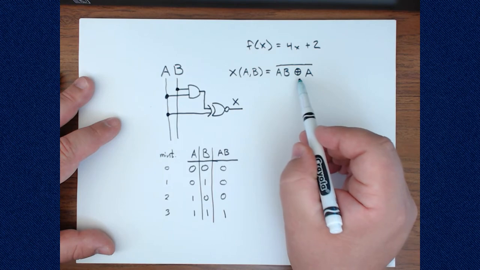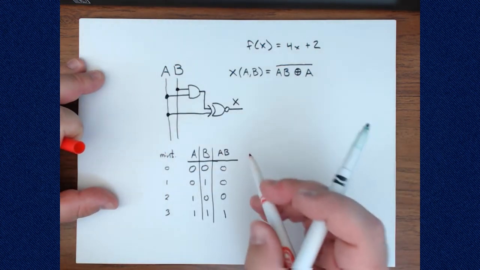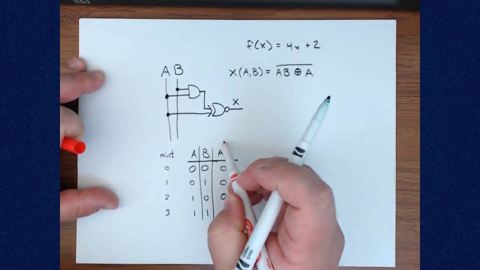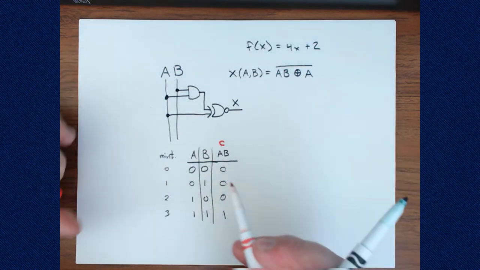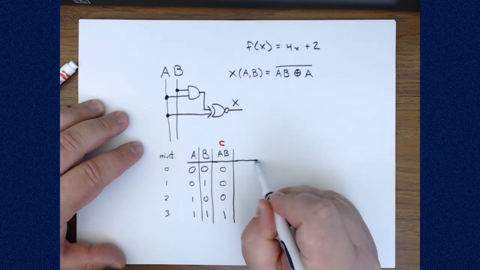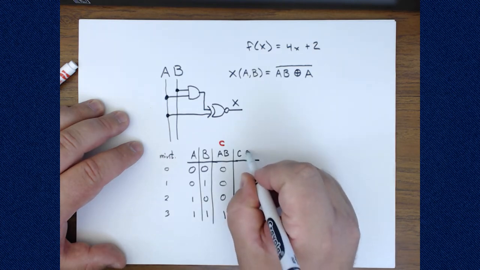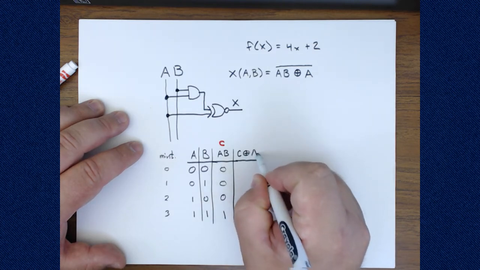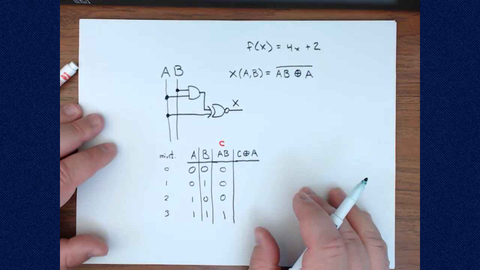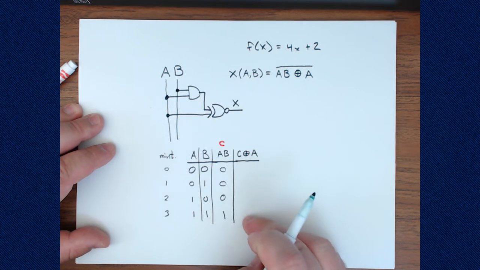Now we need to exclusive OR that with A. And so I like to make notations for this. So I've already used up A and B, and I've used up X. So I'm just going to call this subcircuit C. Then, when I make the next partial, I can write a smaller expression here, C exclusive ORed with A. Now at this point, I'm not just using the 2 inputs, so I can't just write 0, 1, 1, 0 as I would for a normal exclusive OR circuit on 2 inputs.